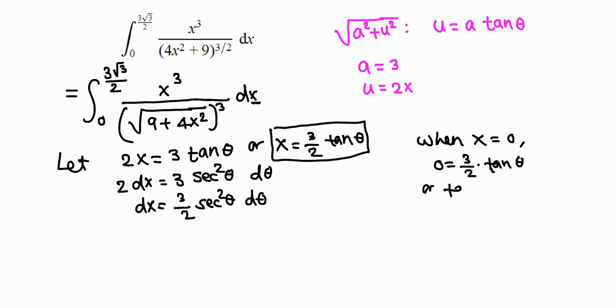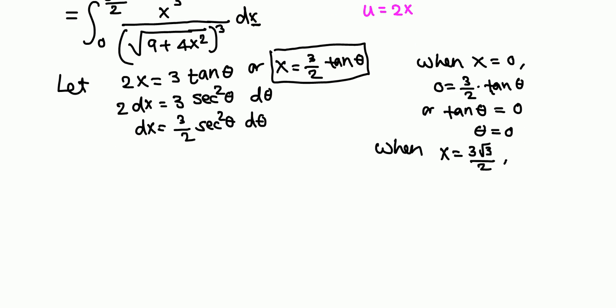Give me an angle theta for which tangent is 0, and we know tangent 0 is 0, so theta equals 0. That's for the lower limit. Now our upper limit is 3 root 3 over 2. So when x equals 3 root 3 over 2, let's work this out.